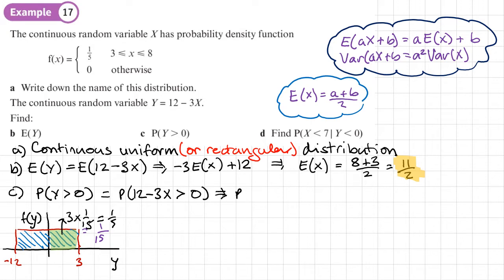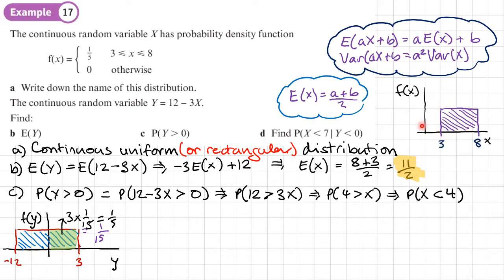So the probability that 12 is greater than 3x. Then we divide both sides by 3: the probability that 4 is greater than x. Then we just flip it around, and we want to work out the probability that x is less than 4.